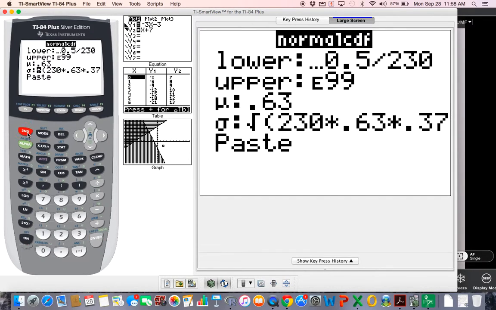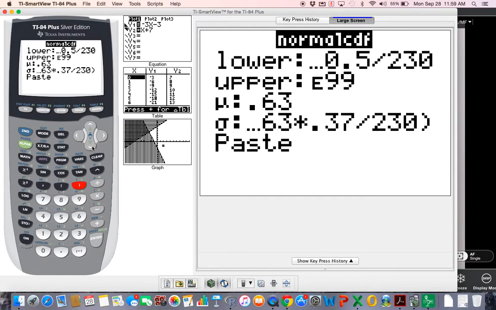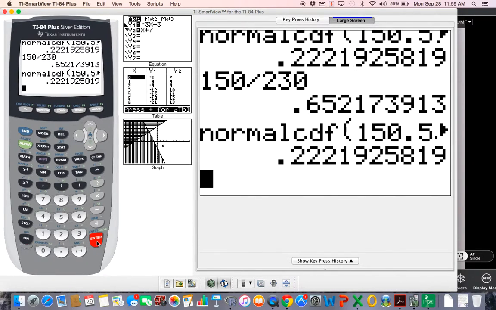And the standard deviation is the square root of 0.63 times 0.37 divided by the total of 230. And close it up. Don't close it up too soon, because you want every bit of the p times 1 minus p divided by n underneath the square root. Paste it, hit enter, and you'll see that we get 0.222, the same as before.